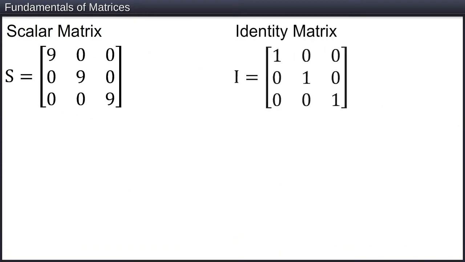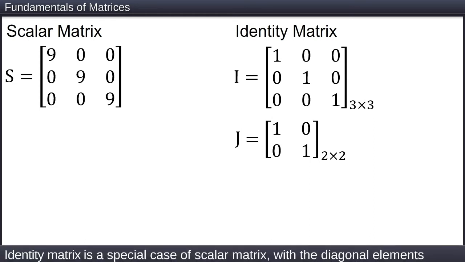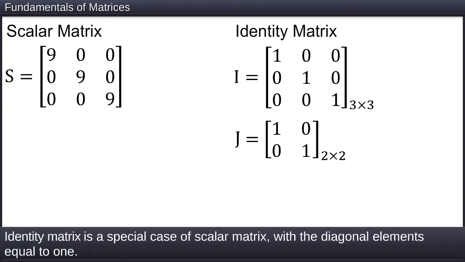In a scalar matrix, if all the diagonal elements are equal to 1, then the matrix is said to be an identity matrix. Identity matrices of order 2 by 2 and 3 by 3 are shown here. An identity matrix is a special case of a scalar matrix with the diagonal elements equal to 1.